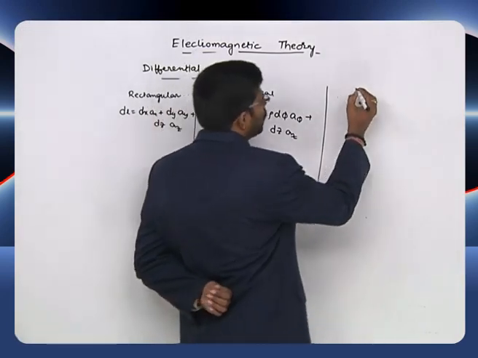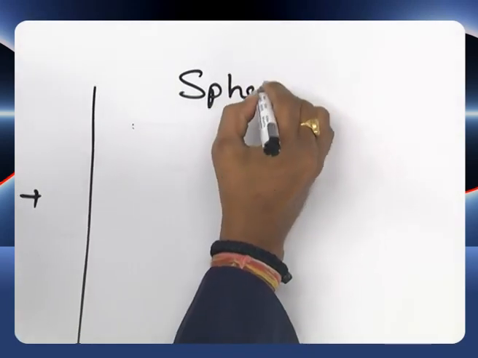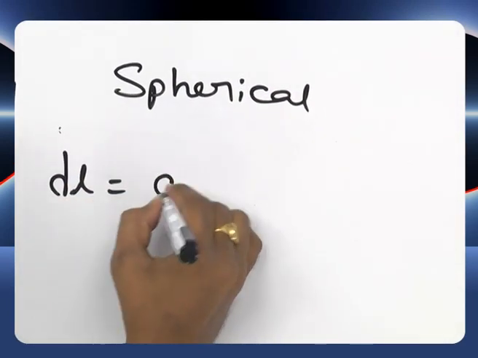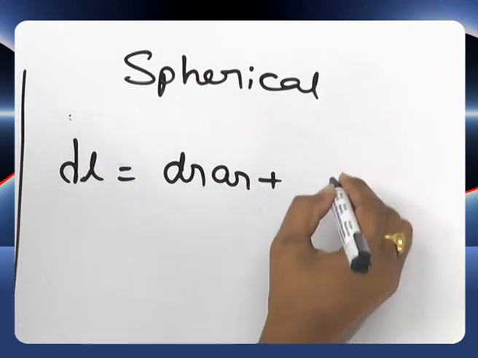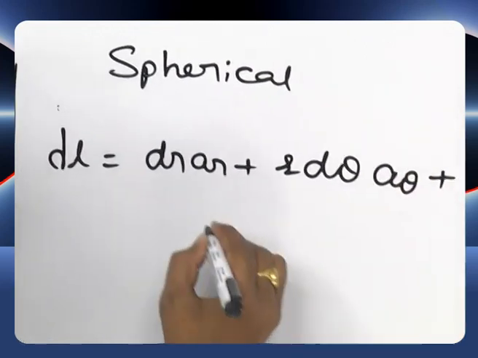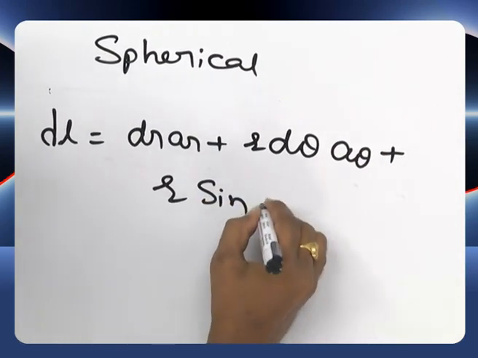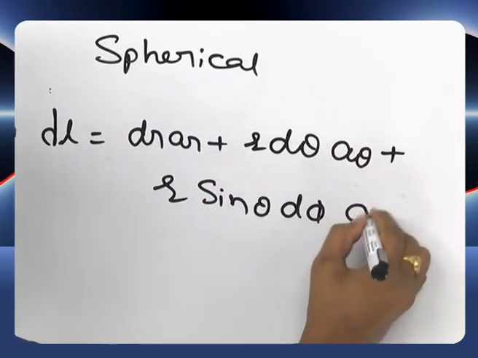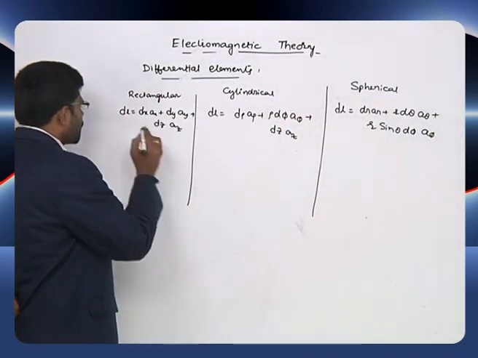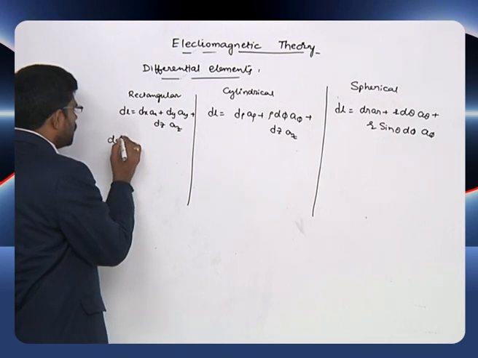And in the spherical coordinate system, the differential length can be written as dr ar plus r d theta a theta plus r sin theta d phi a phi.